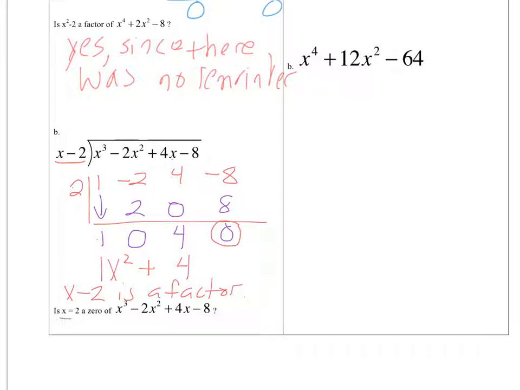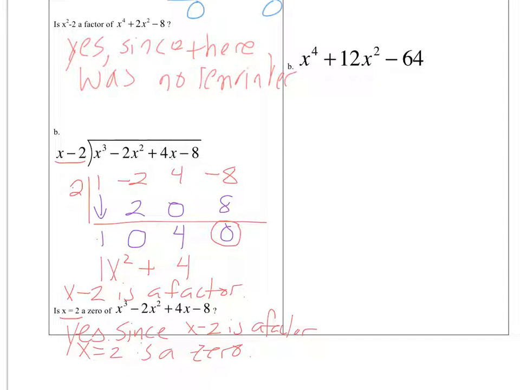And more importantly for this question, if x minus 2 is a factor, we need to know that x equals 2 is a 0. And so the answer to that last thing is yes. Since x minus 2 is a factor, x equals 2 is a 0.